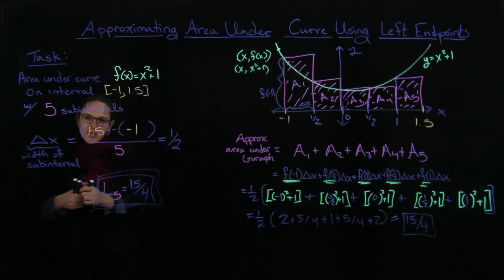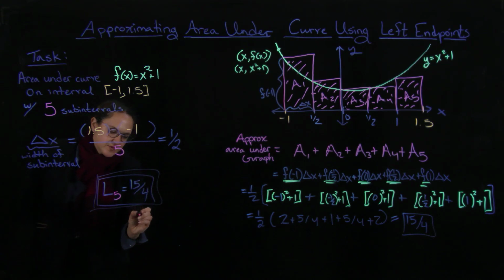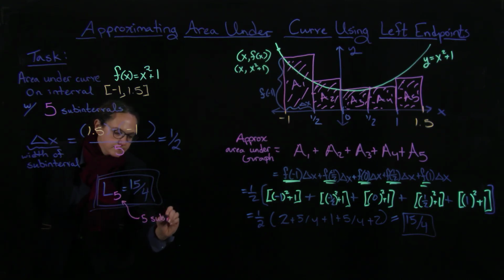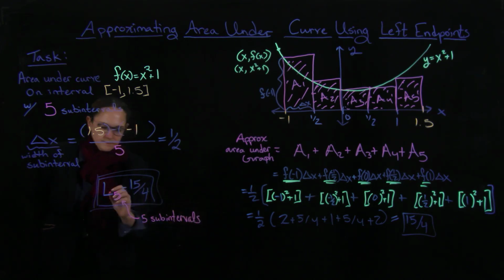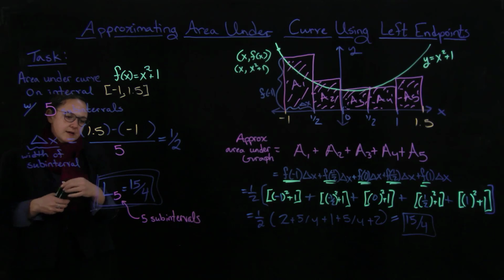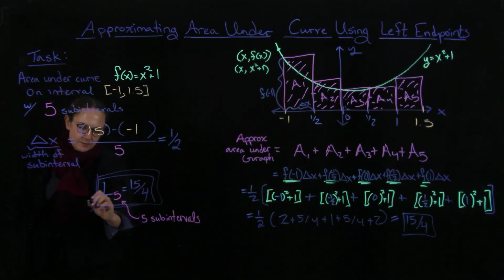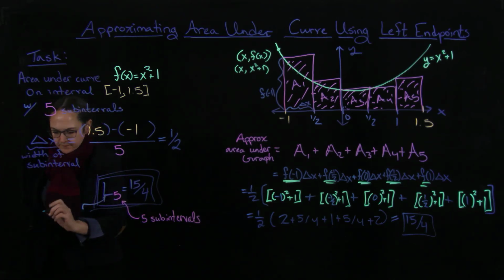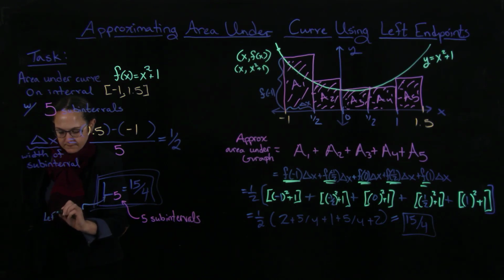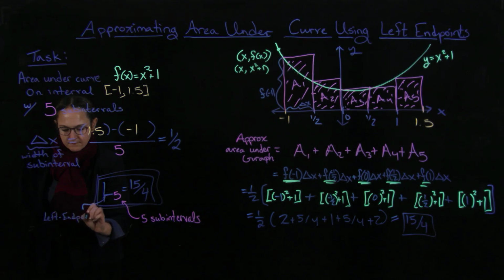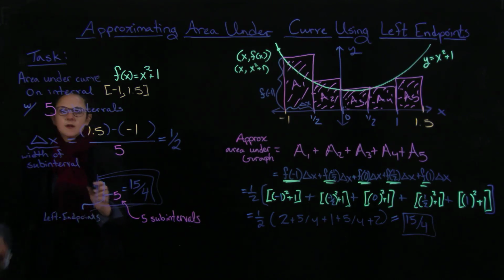I one more time emphasize to you that this comes from the 5 subintervals. And the L there comes from the fact that I'm using the left endpoints. Okay.